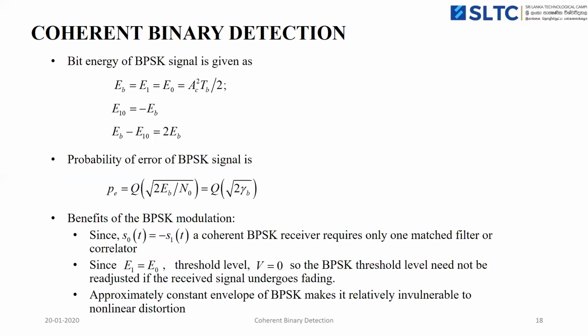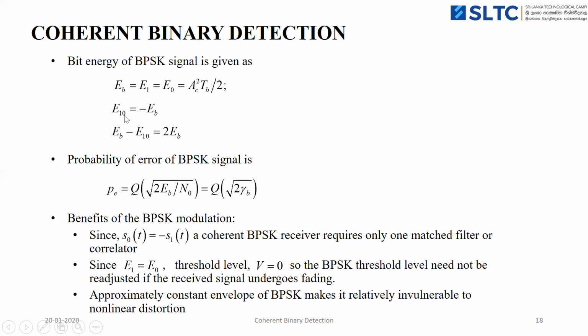And in this case, the bit energy EB is equal to E1 and equal to E0, so it will be equal to AC squared TB by 2. And the product of bit 1 and bit 0 energy, E10, is equal to minus EB.